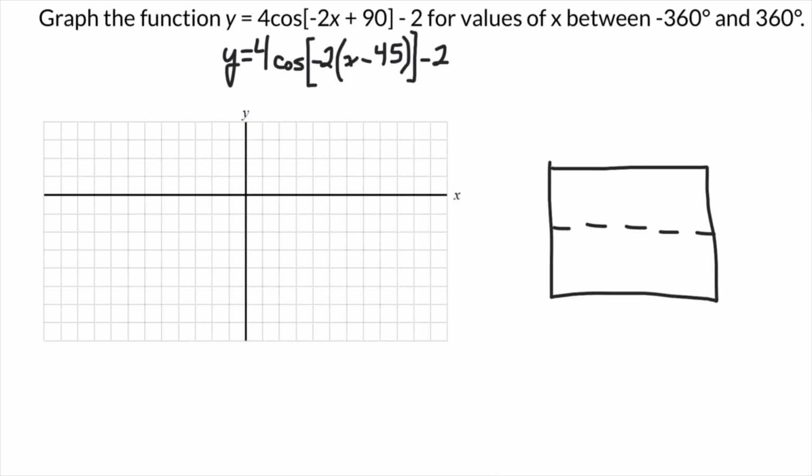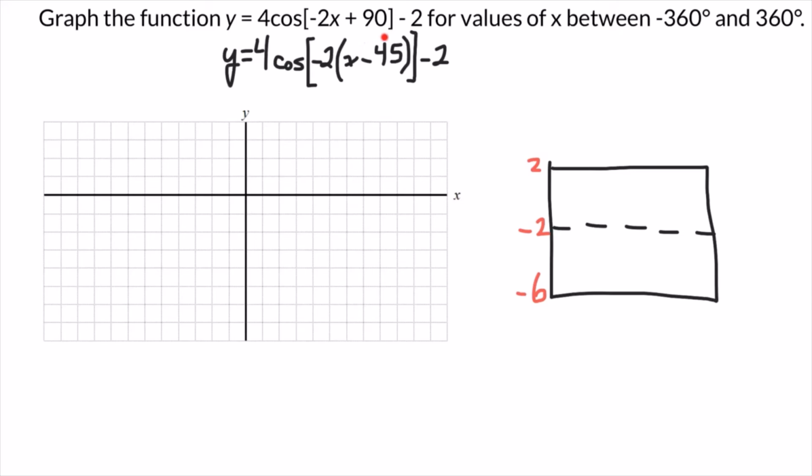I start by setting up my box, and I notice I'm going down 2, so my central axis is at -2. My amplitude is 4, so my maximum and my minimum are 4 on either side of the central axis.